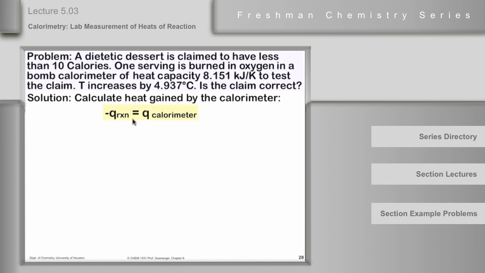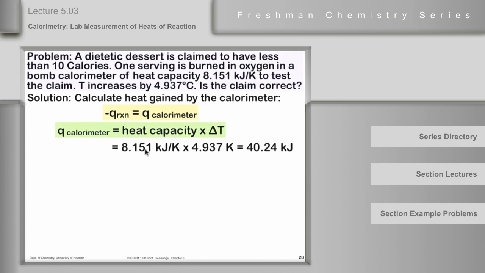That's 40.24 kilojoules, which of course is, this is 10 dietary calories, it's 10 kilocalories, and this would be 41.84 kilojoules. So this, in fact, 40.24 is less than 10 capital C calories. So that's how these things are made. Okay, these numbers.